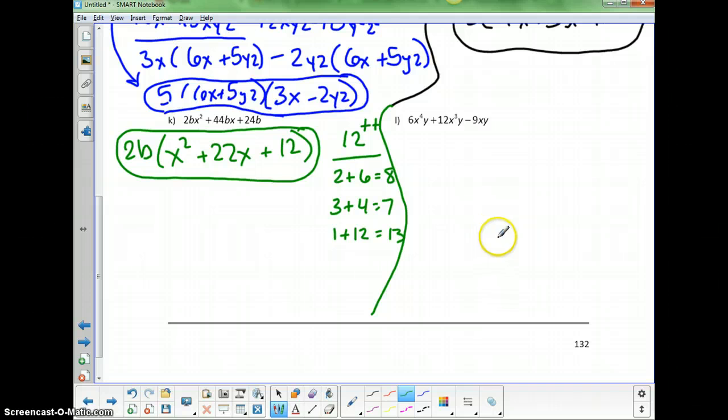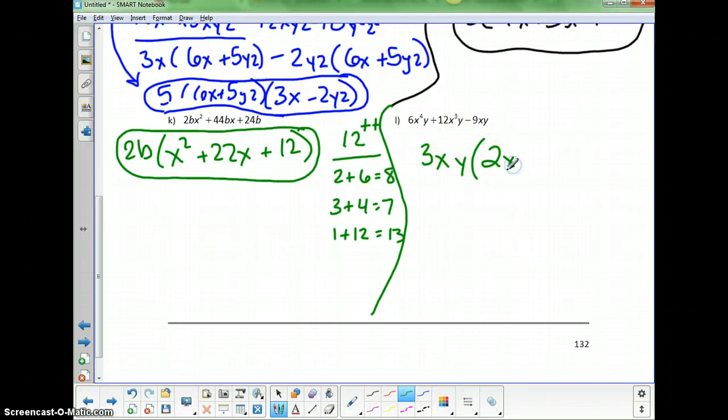Okay, and our last one. It's a trinomial again. They can all be divided by 3, and they all have at least an x and at least a y. Okay, so when I take that out, I'm left with 2 over 4.